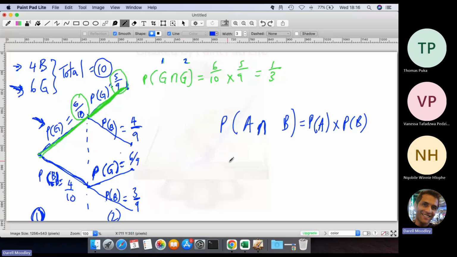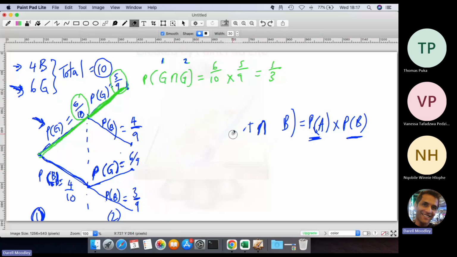Your second draw is still random. And if you have two random events, then the chances of each of them occurring together is also going to be random, right? They are independent, they don't influence each other. So you can work the joint probability out by simply multiplying each of them because they are independent. Your first draw does not affect your second draw. And that's why you can multiply them. All right, I hope that makes sense.